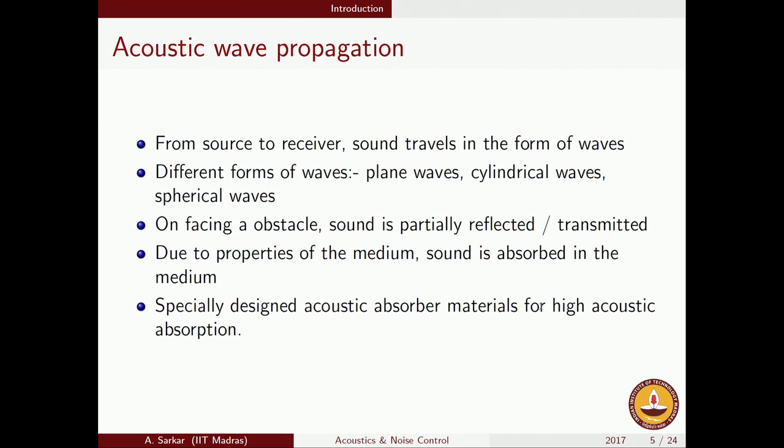So, depending upon how the course goes, we could branch out to understand how different acoustic absorber materials can be designed such that we have better acoustic absorption. These are artificial materials, not like air or water, which come with their inherent absorption characteristics that may not suffice for our application needs.